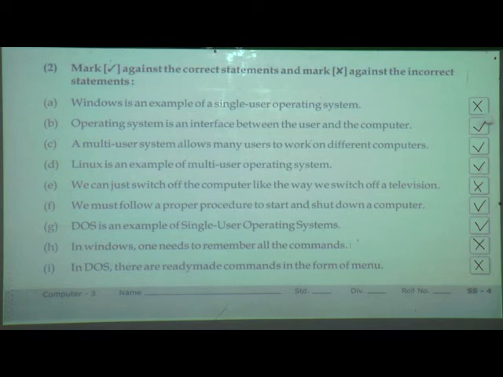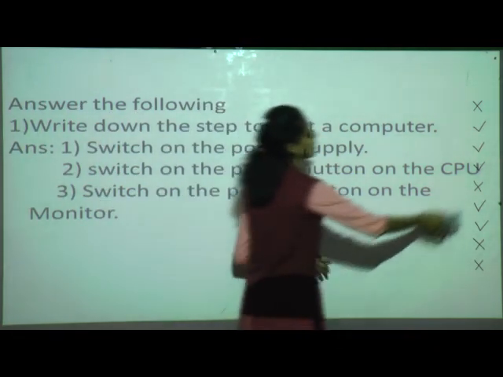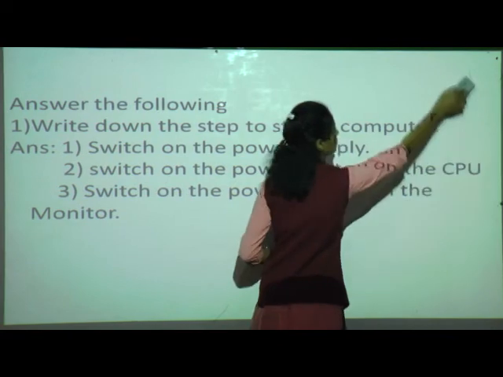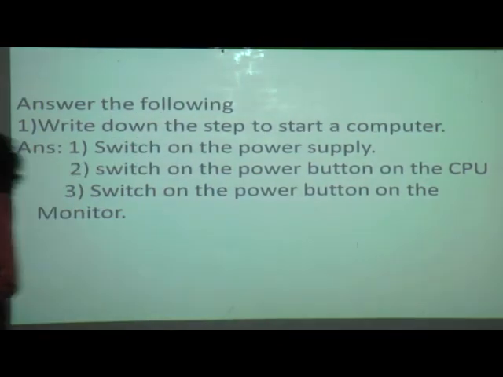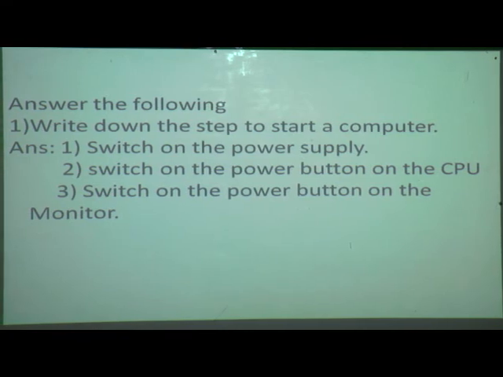Now we will see the exercise, means question answers. What is the first question? This is not in your skill sheet. These questions you have on page number 13 in your textbook. Exercise. Answer the following. Write down the steps to start the computer.